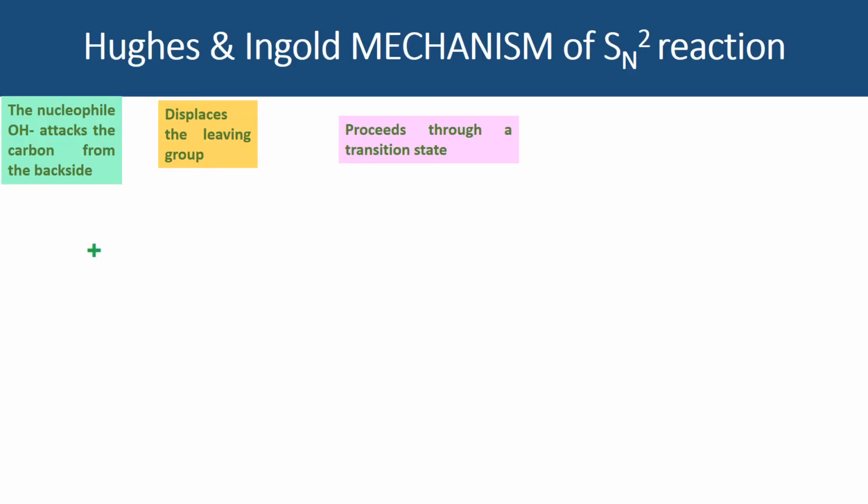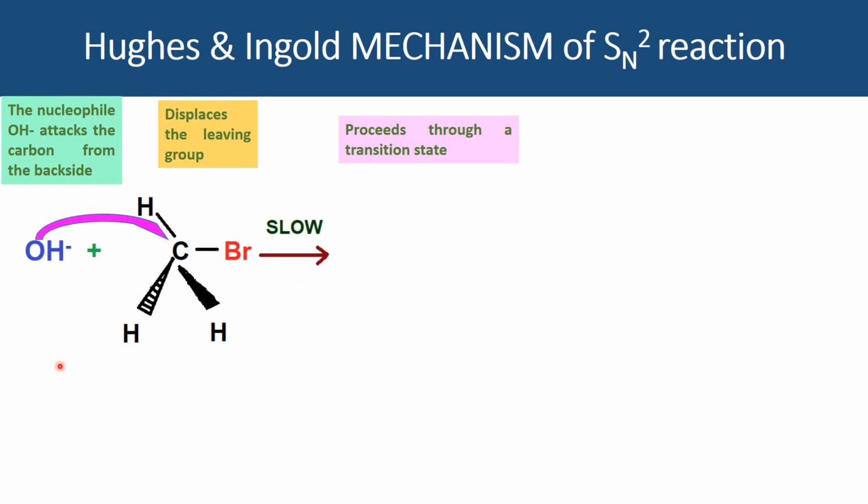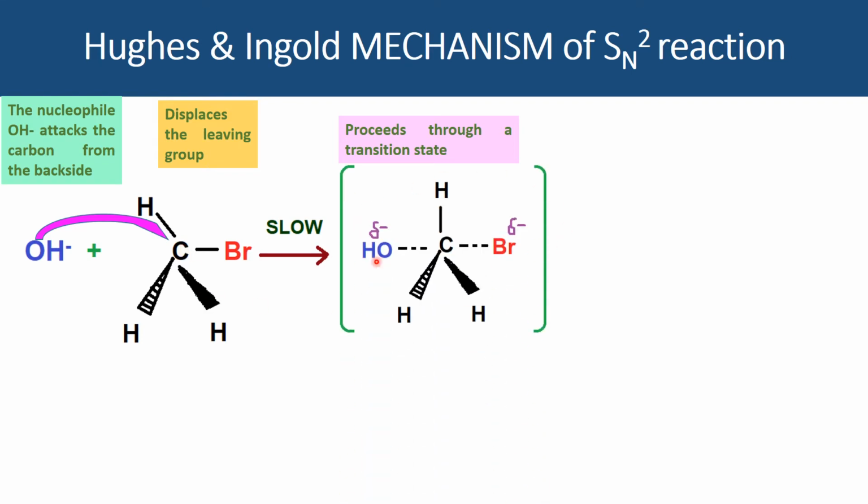Now we are going to discuss the Hughes and Ingold mechanism of SN2 reaction in detail. The reaction between methyl bromide and OH- ion. Here you can see this is a slow reaction. The OH- attacks the carbon from the backside and displaces the leaving group through a transition state.